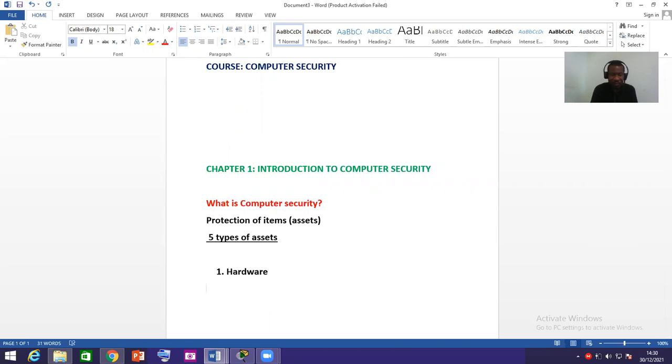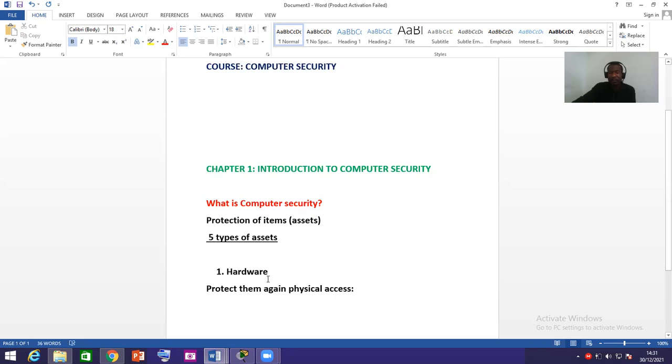When we're talking about hardware, we're talking about your actual physical computers, your cameras, and so on. The protection of hardware means that you need to protect them against physical access.